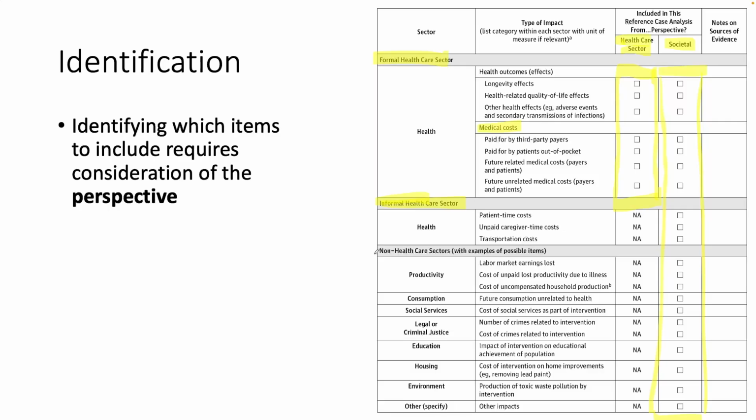And then you have non-healthcare sector related costs, which are rather complicated to look at and to actually evaluate. I'm not going to go through this list. You can see it here. These are almost never included in CEA. Not that they're not important, but they're just rather difficult to think through and obtain.